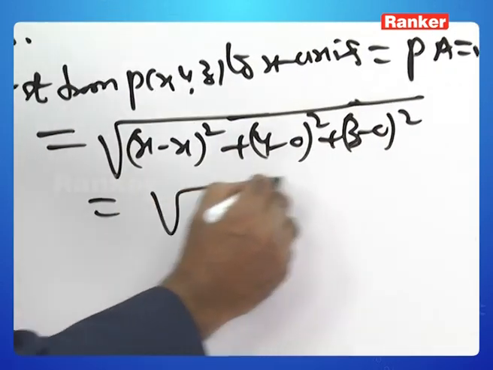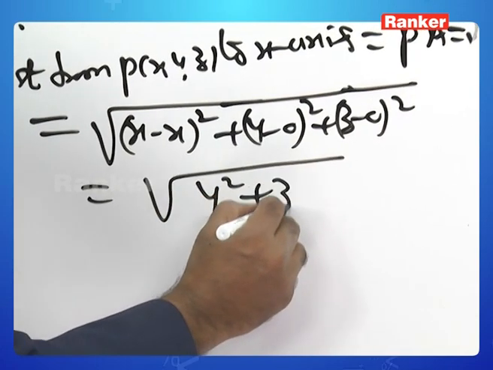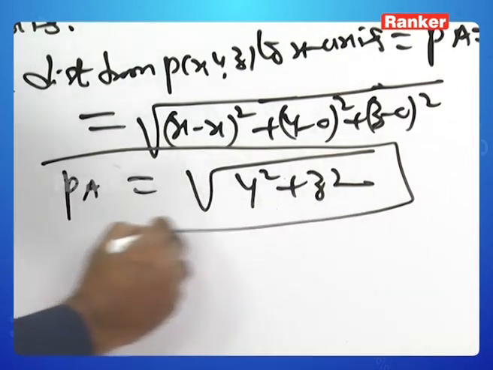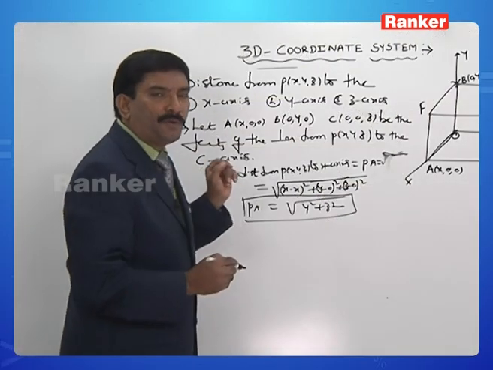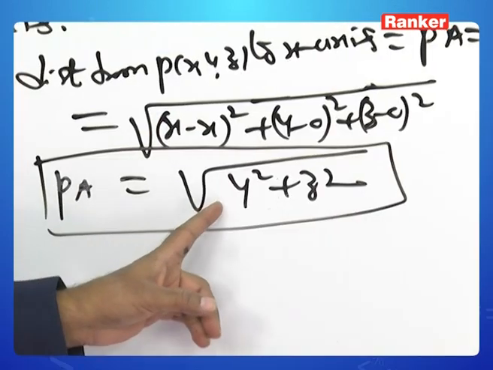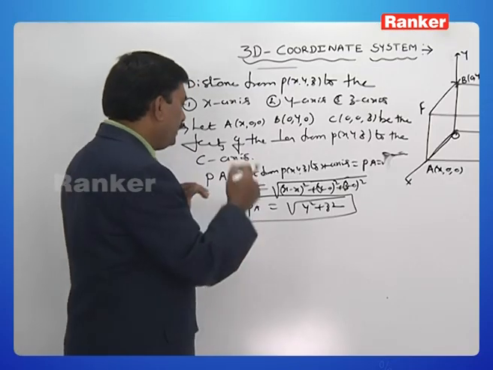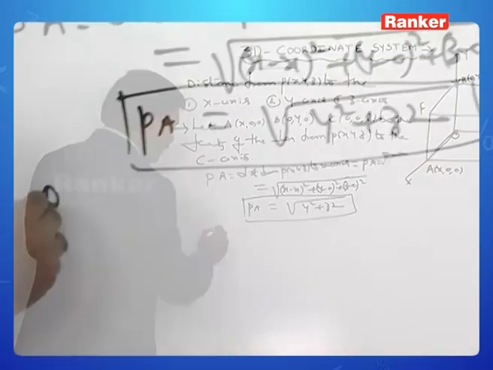So therefore, this is nothing but y square plus z square. So therefore, the distance from the point P to the x-axis is square root of y square plus z square. Next, I go to PB.